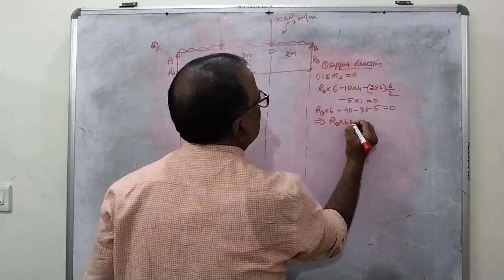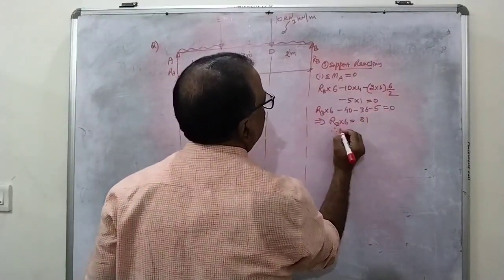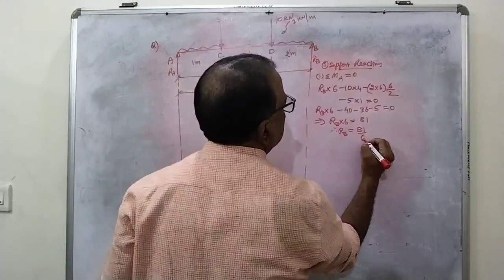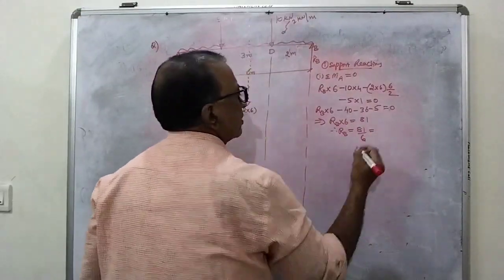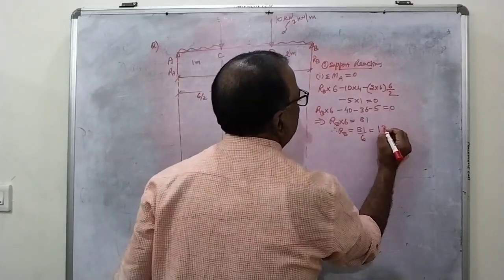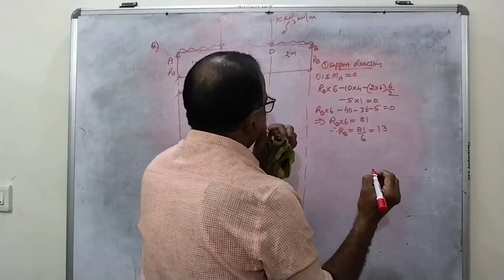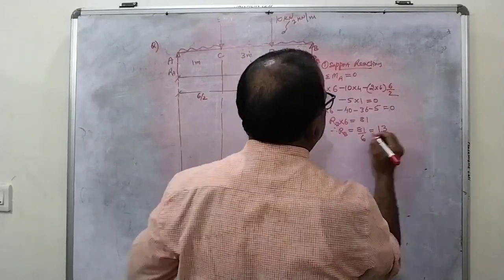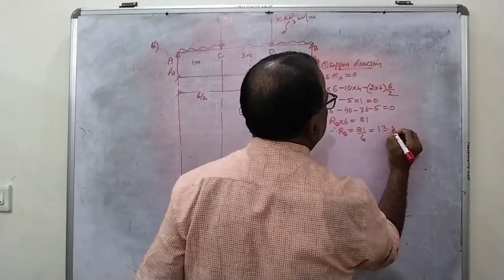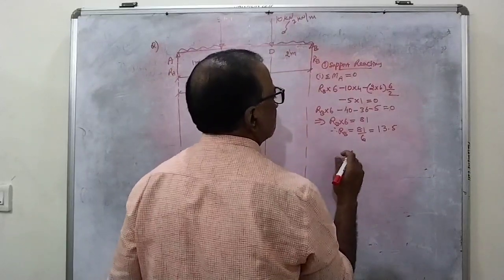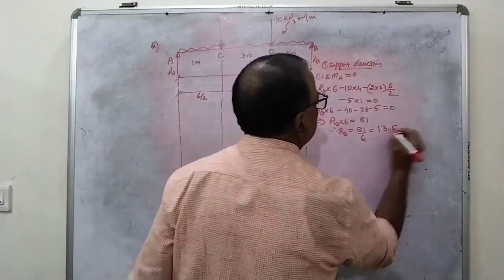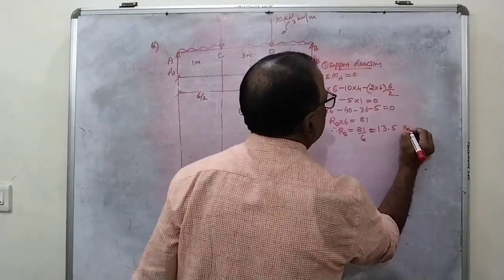RB into 6 is equal to 81. Therefore, RB is equal to 81 by 6. Approximately 13.5. Approximately you take it as 13.5.